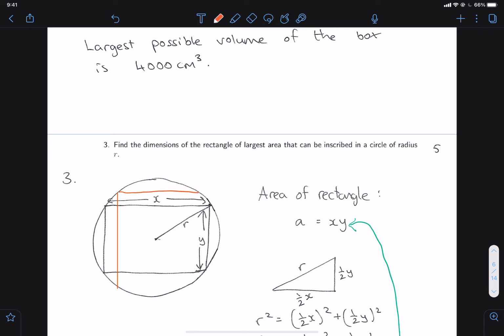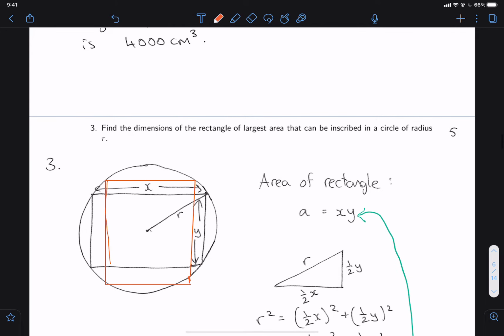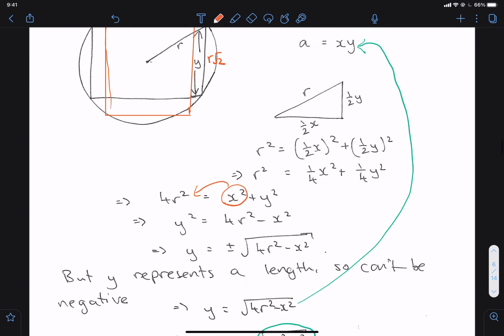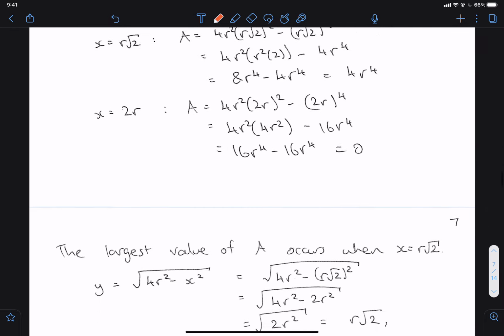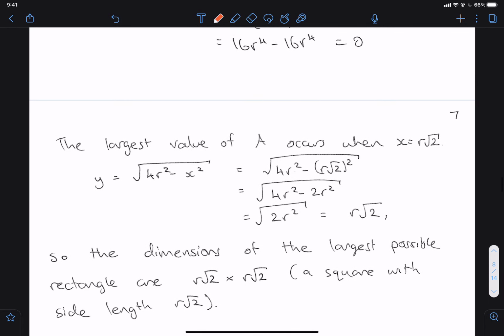And it can also be easily visualized that when this becomes a square, the area is the largest. Like that, approximately. So this is r square root of 2. The height here is also r square root of 2. So that is the greatest rectangle we can get inside a circle.